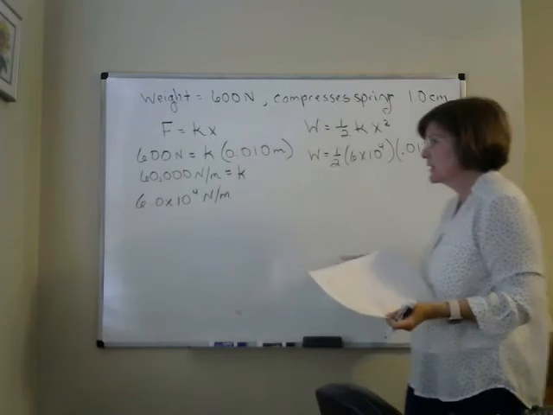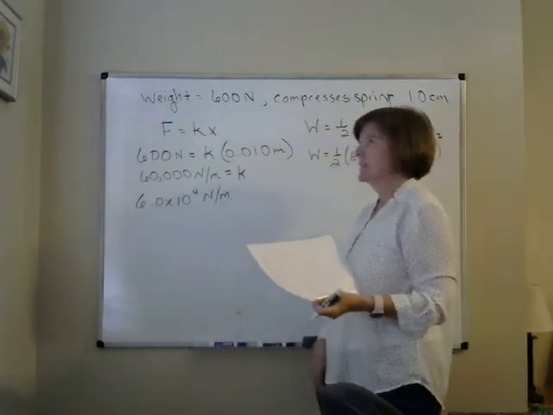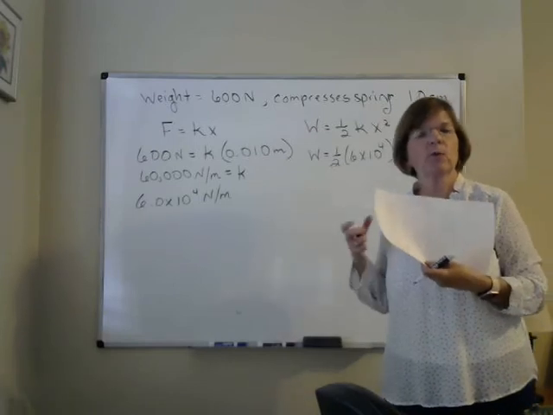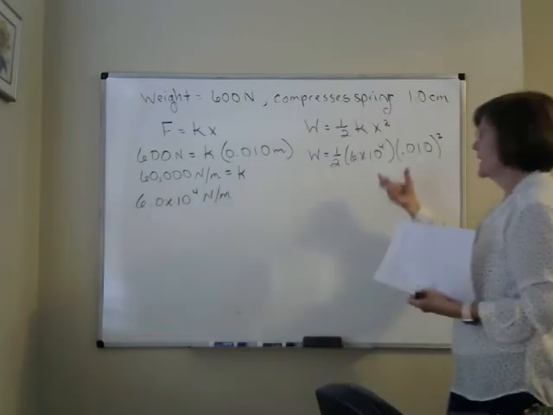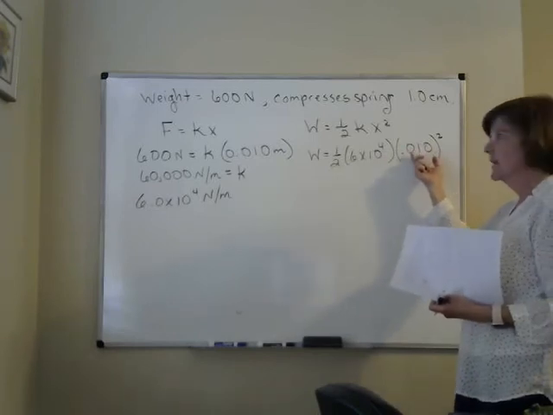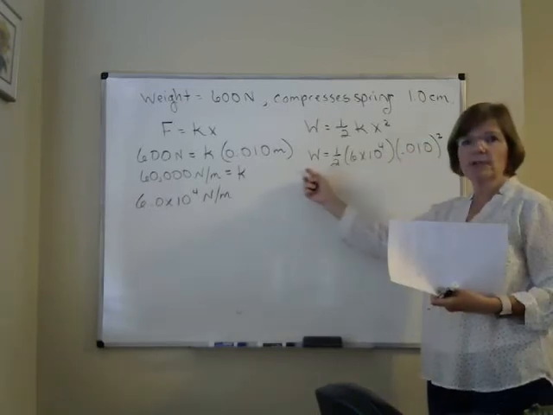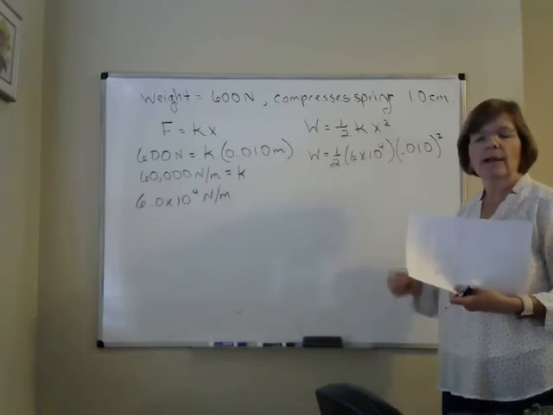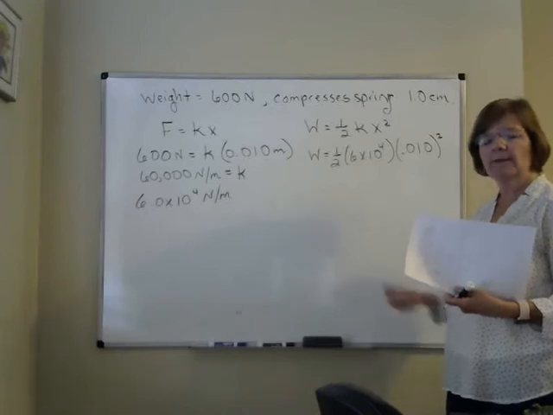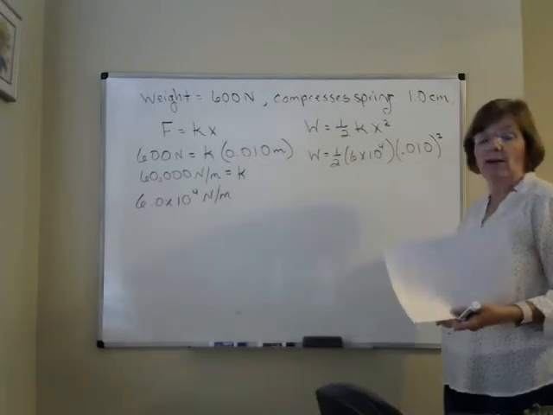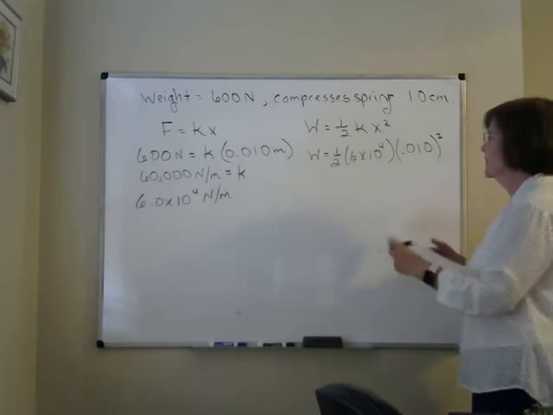You say, well, we could say it was 600 newtons per centimeter, and that's right, 600 newtons per centimeter will work. But if you put that in here, and you put the distance in centimeters, then you don't get units of joules. We want to have consistent units. We want energy in joules. That means we have to measure distances in meters. We have to measure spring constants in newtons per meter.